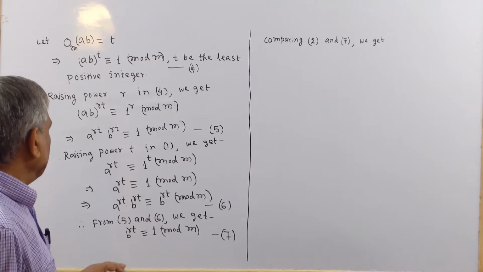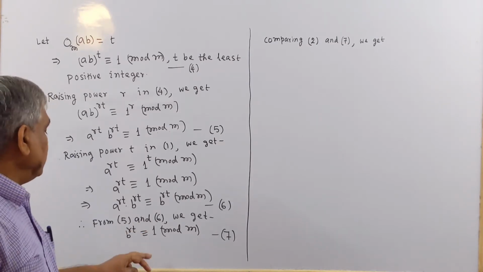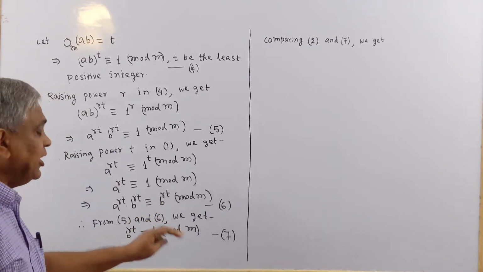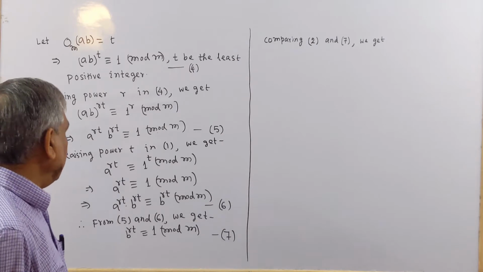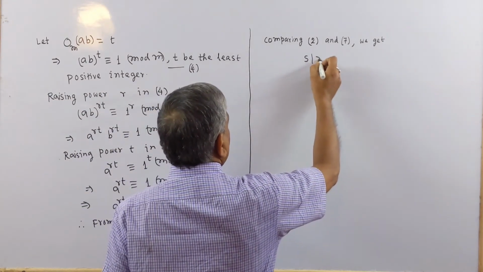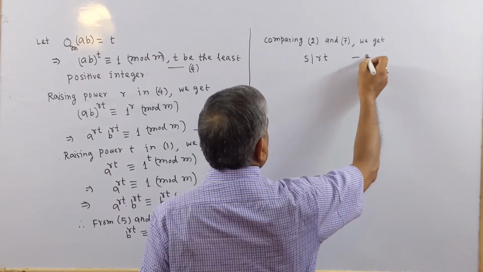In 2, b to the power s is congruent to 1 modulo m and s is the least positive integer. Therefore, s divides rt. Let this be number 8.